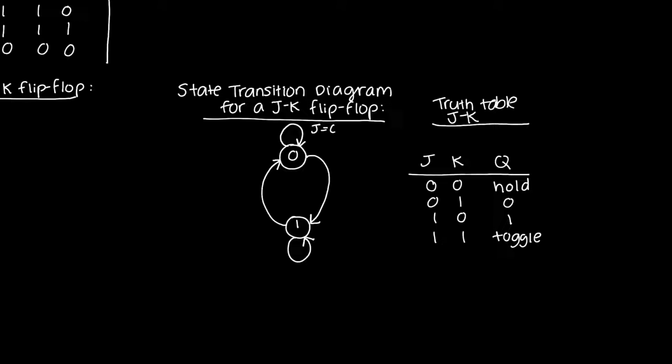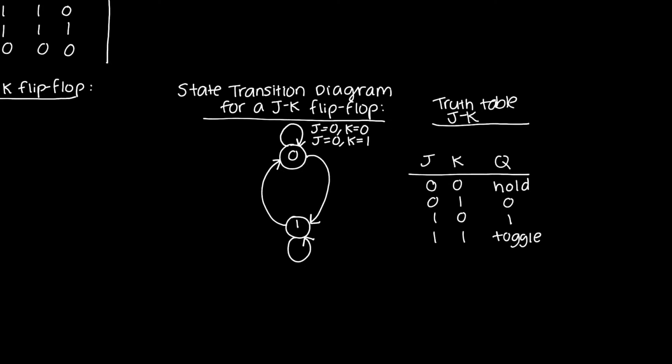J equal to 0, K equal to 0. And it can also happen if I'm in the reset condition. So J equals 0, K equals 1. And you can see now it actually doesn't matter what K is. K can be 0 or 1, but as long as J is low, I will transition at the next clock edge back to a 0.